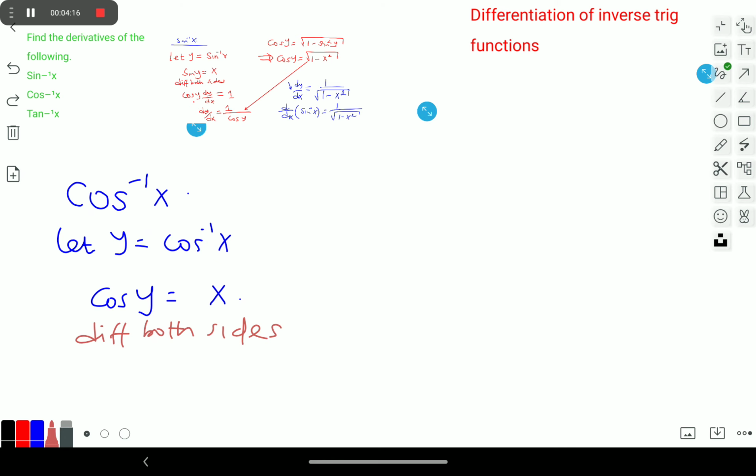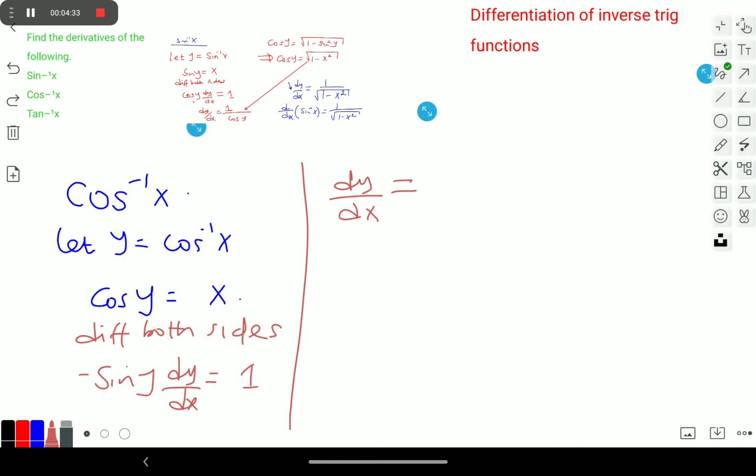Then we shall get negative sine y dy/dx equal to 1, and from this we can get dy/dx equal to 1 out of sine y, but because of the minus we can put the negative up.